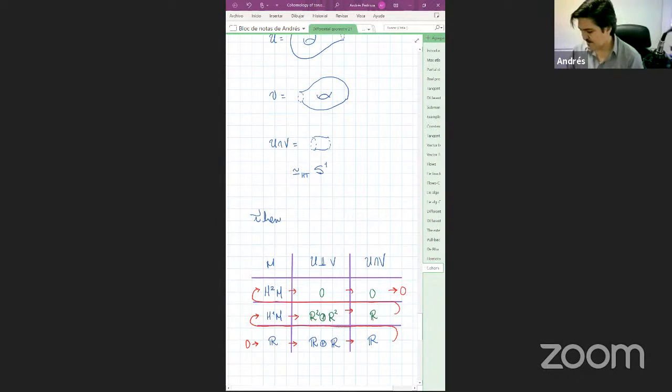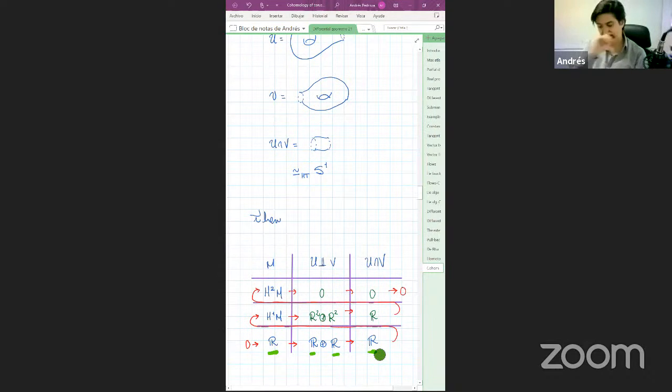So first, because we know that M is connected, I have R here. U is a punctured torus, connected, V is connected, and U intersection V is only one cylinder, so it is also connected. So we use connectedness to fill the bottom row.